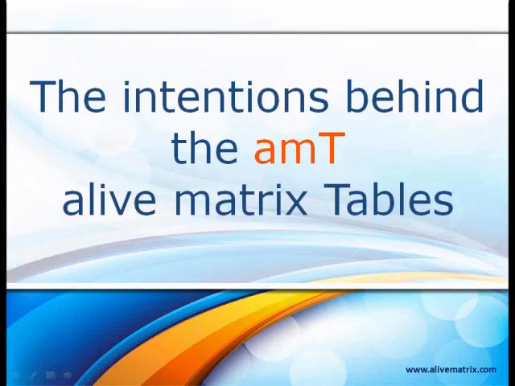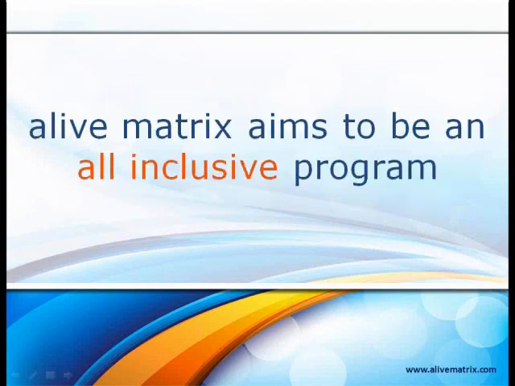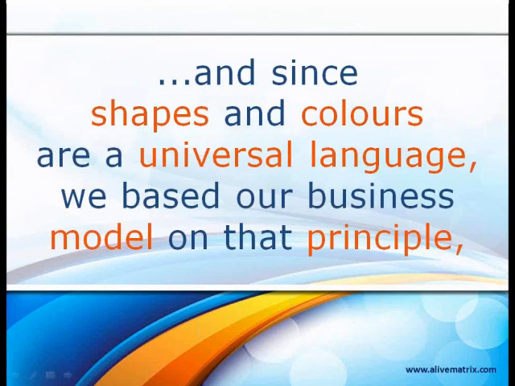which is why we are going to share with you what are the intentions behind the AMT, the Alive Metrics tables. Why did we create a system like this? Alive Metrics aims to be an all-inclusive program, and since shapes and colors are a universal language, we based our business model on that principle.